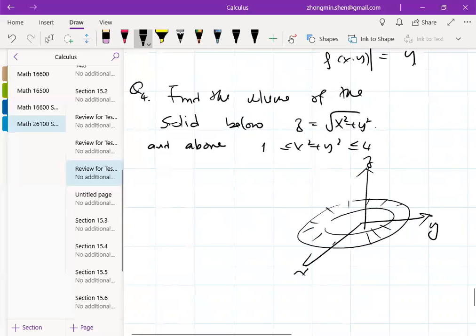The cone looks like that, but in space it looks like this. Okay, so that's my picture.